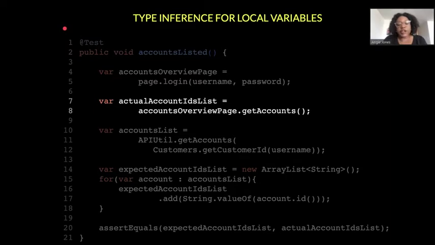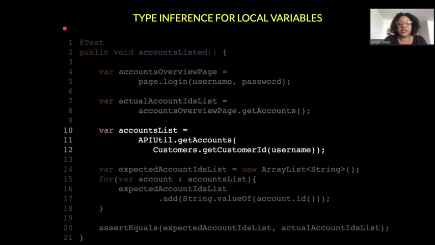I changed the variable name from actual accounts to actual account IDs list so that it's clear that this is a list and it's holding the account IDs. For this one, similarly, I also changed the name from accounts to accounts list so that it's clear this is a list that's holding account objects.